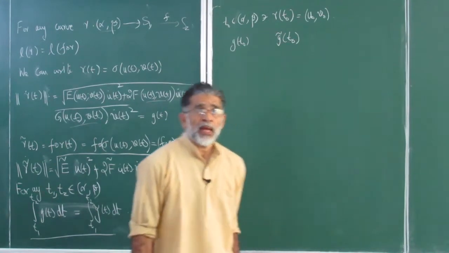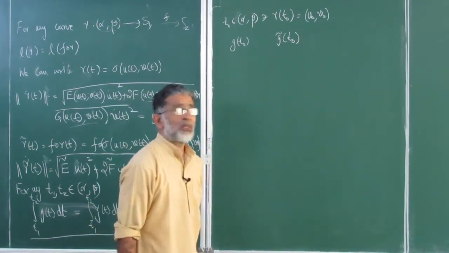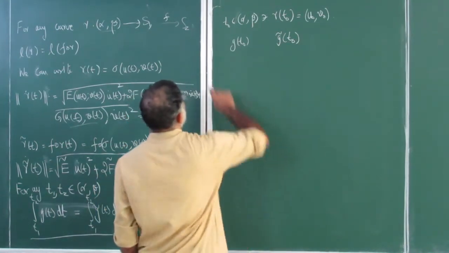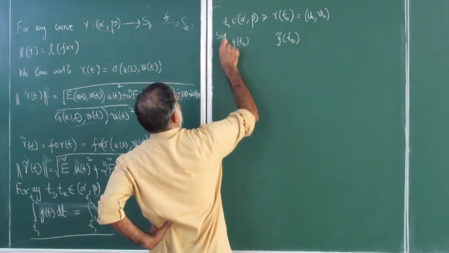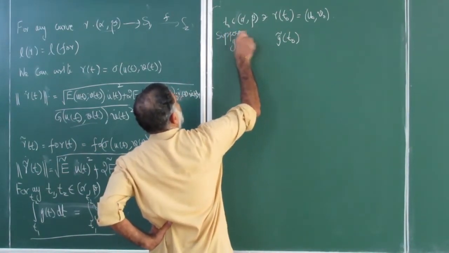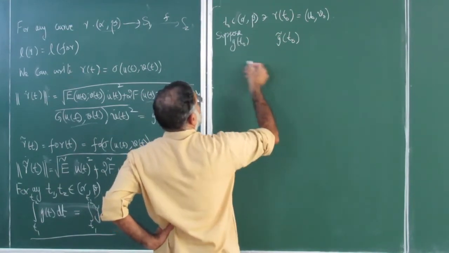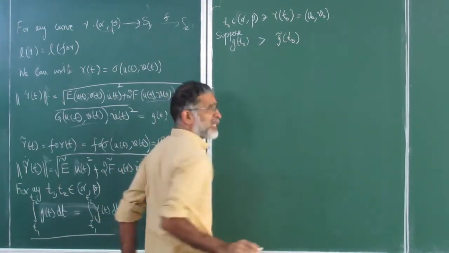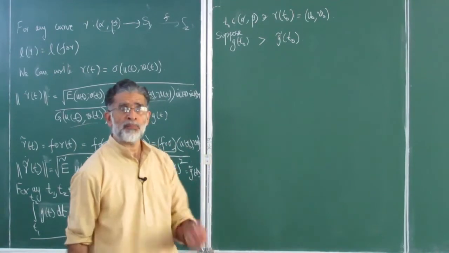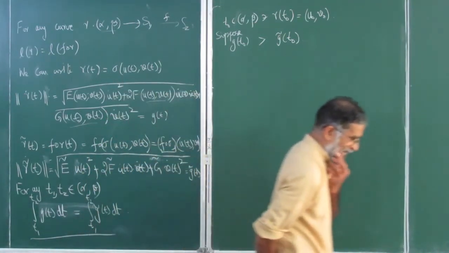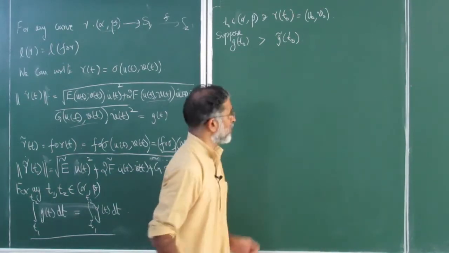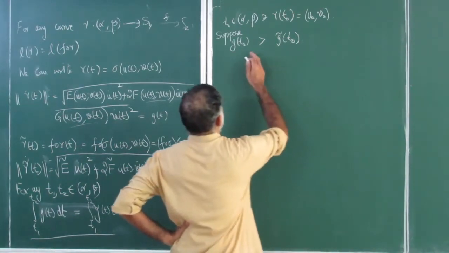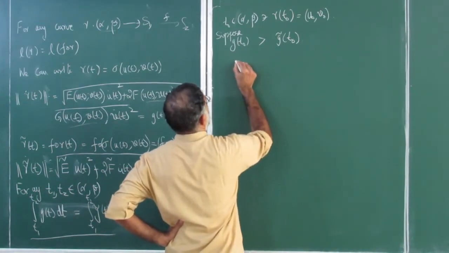Okay, but that's not very clear. So let us assume, suppose if possible, they are different. Say let us assume G t naught is greater than G tilde t naught. This is the place where you should understand a little bit of real analysis.